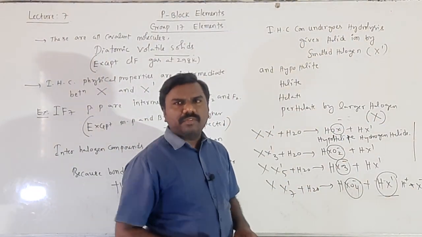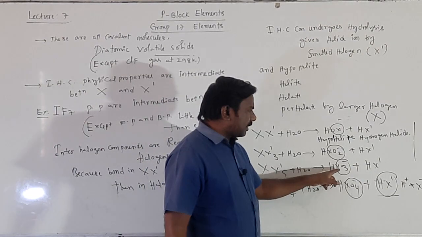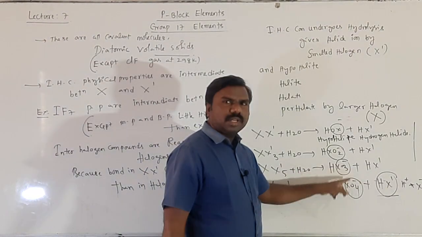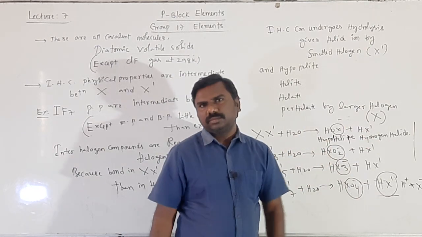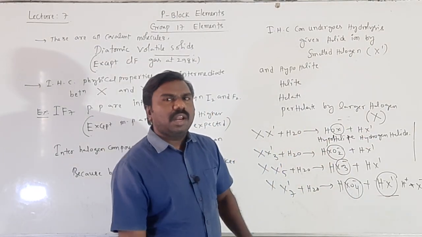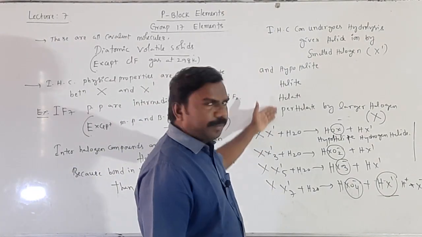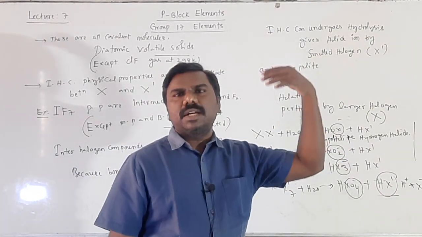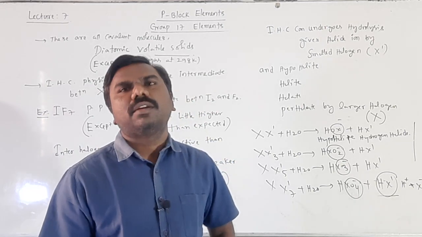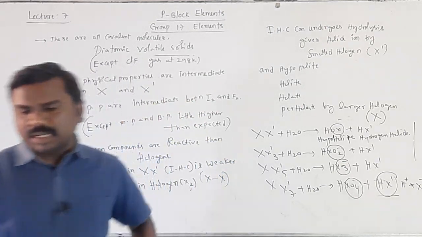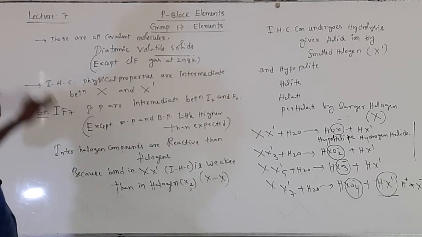For example, for chlorine, HClO3, HClO4. Understood all of you? So the larger halogen gives the oxoanion, whatever it may be. The smaller one is always eliminated as a halide ion. Very, very important. Their structures we will observe now.